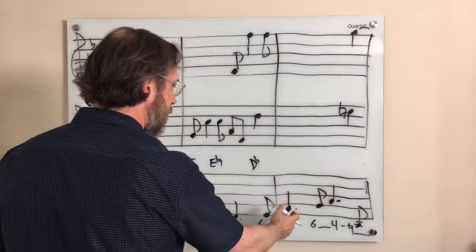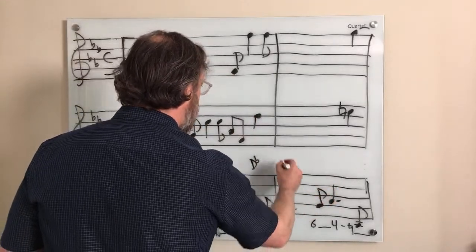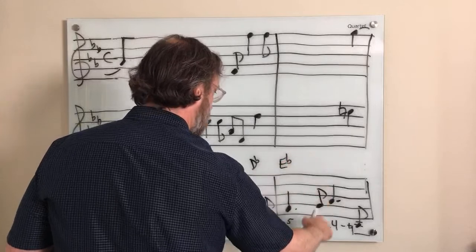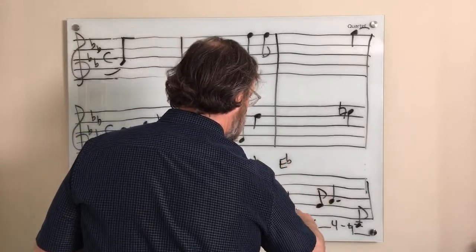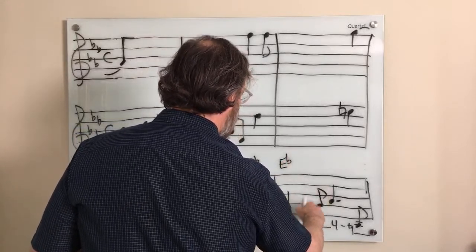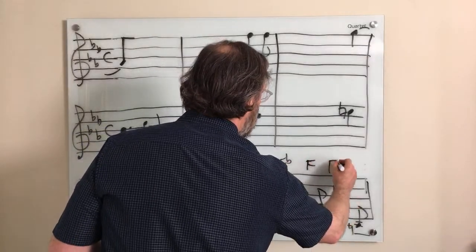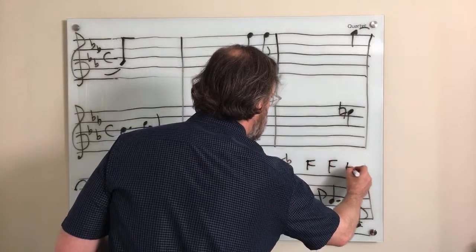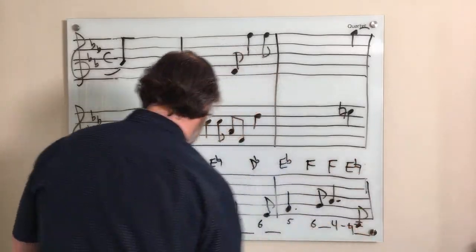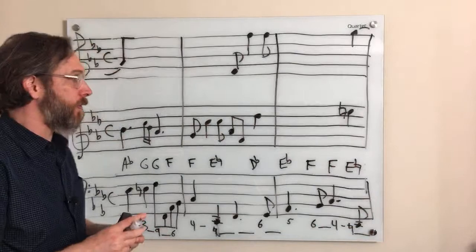So some of these are already given, right? We have an A flat with a 5, so it means we need an E flat. We have a 6 above again, it's still an A flat, so that means it goes F. Here we have a C with a 4, it means F, going to a natural sign, E natural. When it's just a natural sign, it applies to the 3rd above the bass.